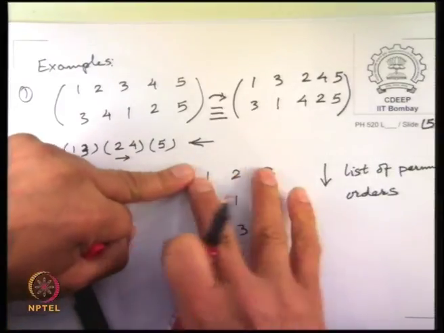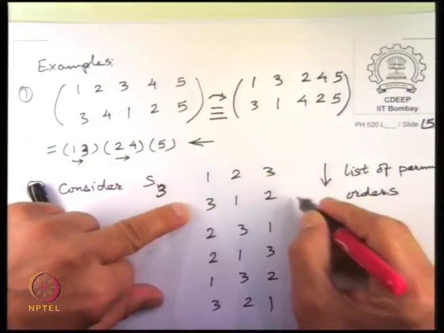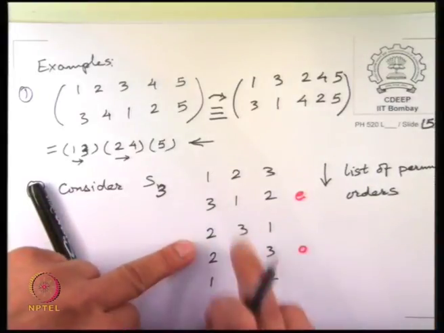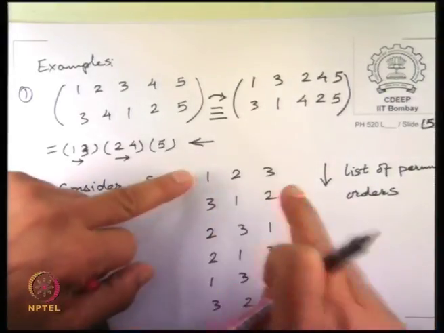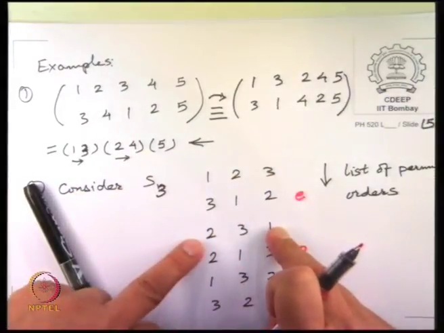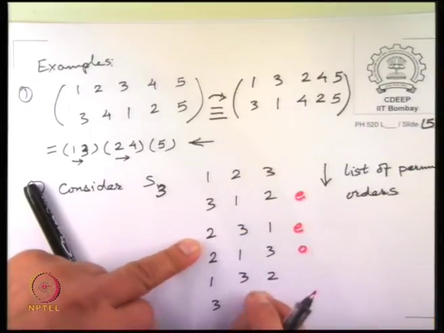Now I exchange 2 and 3, so I will get 3, 1, 2. So this is an even permutation. We can check that this is also an even permutation because I can exchange 3 and 1 first, which will bring 1 here and 3 here, and then I exchange 3 and 2. So again there are 2 permutations, it is even.